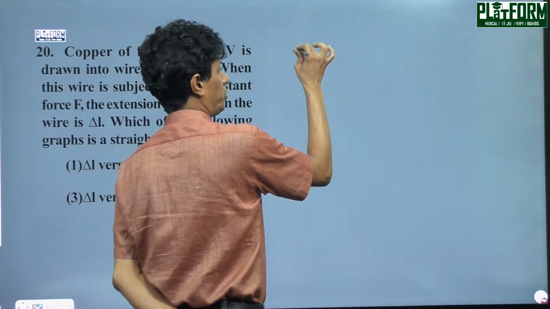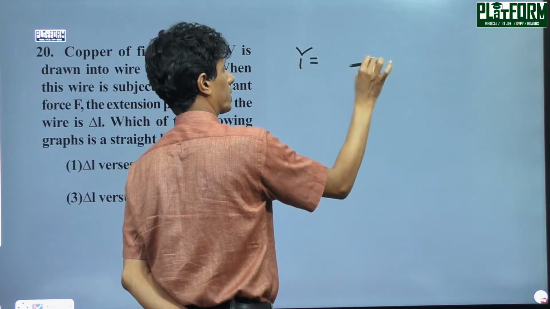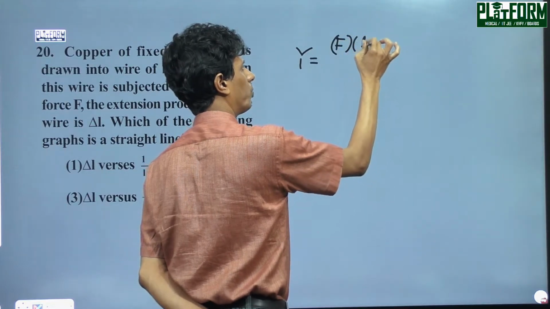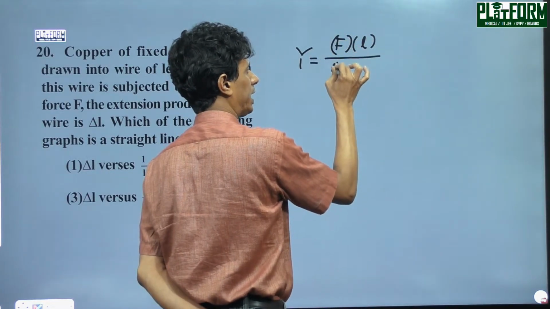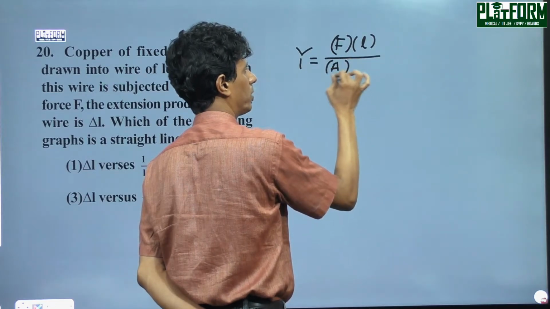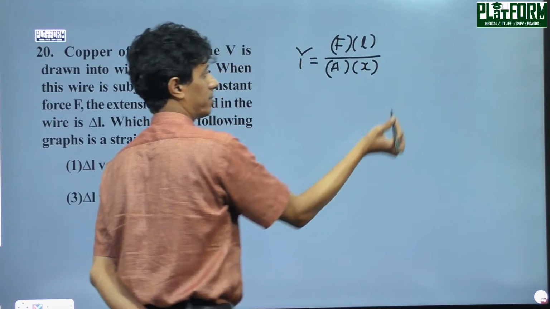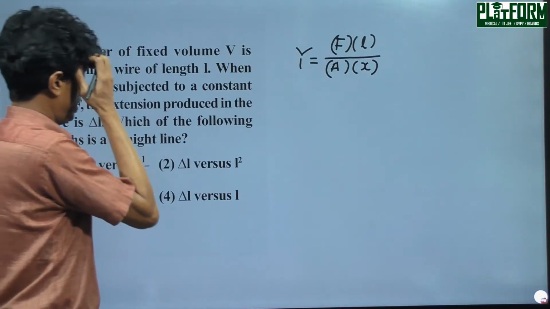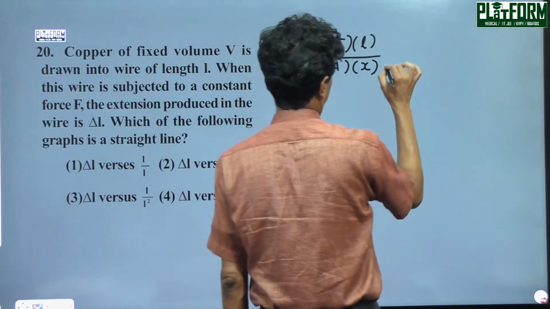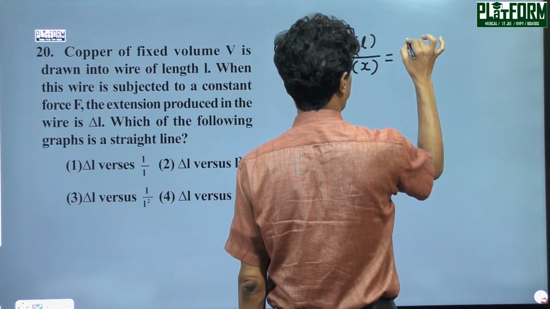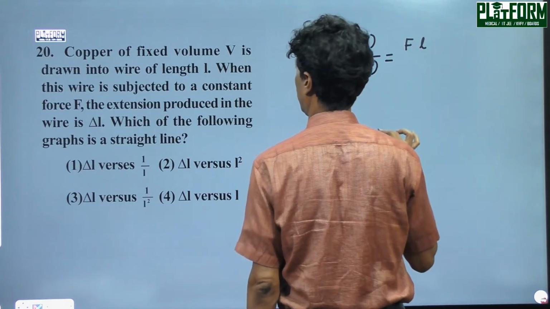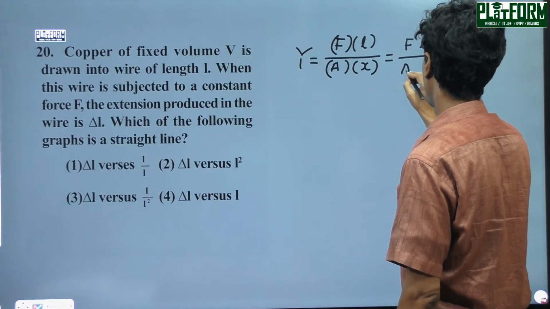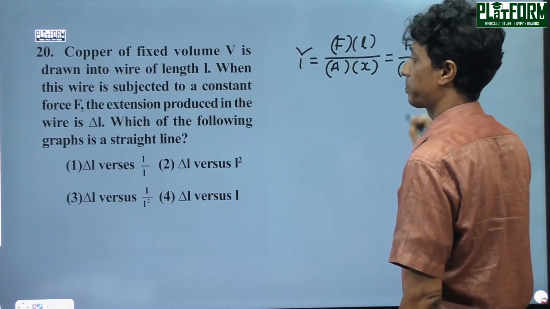We know Young modulus Y is equal to F into L by A into X. In the problem, it is F, L, the actual length of the wire, and A is the cross-sectional area of the wire, and X is the extension given in the problem.